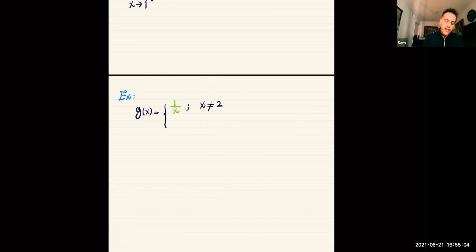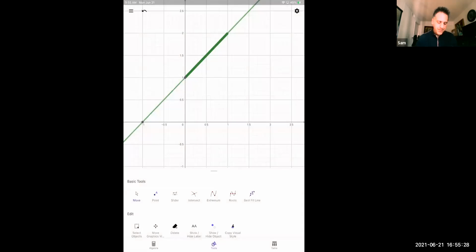And let's just say that g of x is equal to 1 when x is equal to 2 itself. So let's graph this function. This function is already as simple as it can get. But let's just quickly look at the graph of 1 over x.